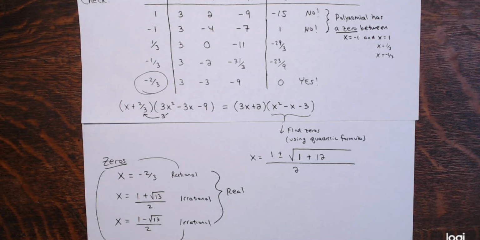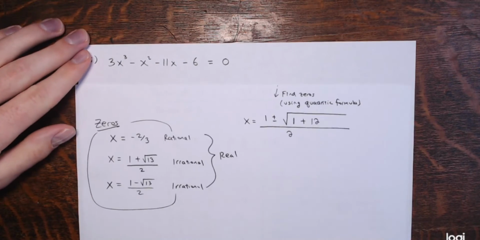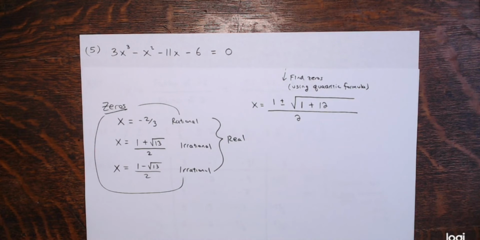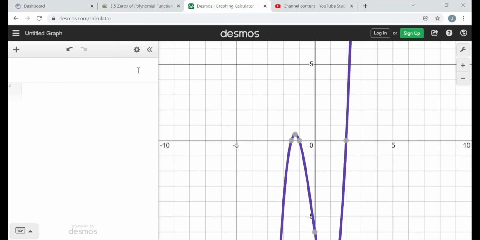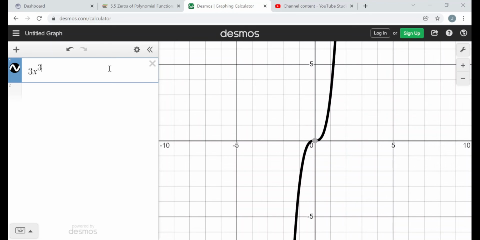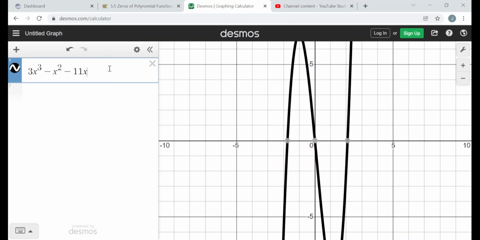And let's see that. I'm going to go back and plot the graph of this polynomial function. So the polynomial function is 3x cubed minus x squared minus 11x minus 6.